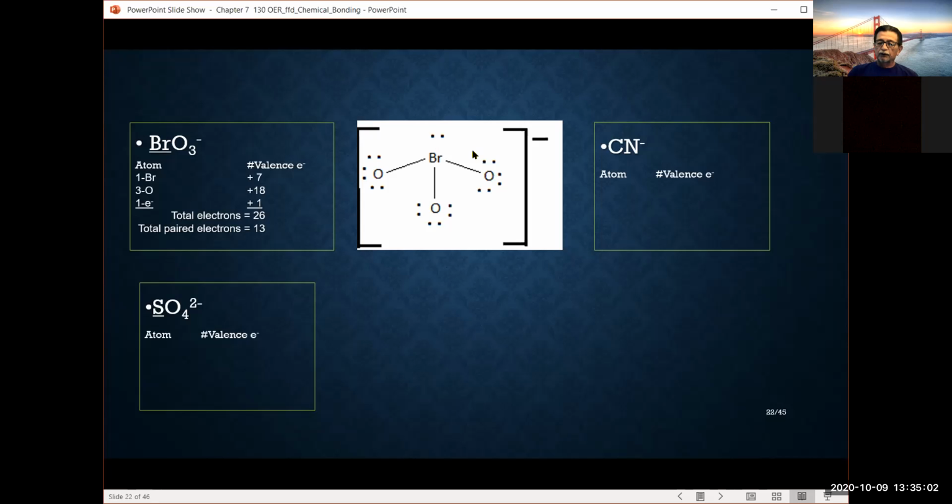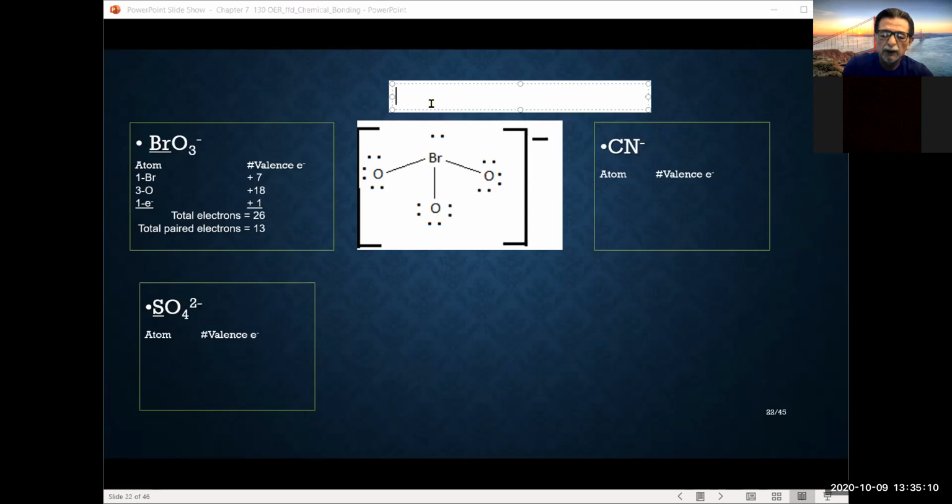Again, we can find its shape by figuring out the general formula: we have A, then 3 B's, and also 1 E, a lone pair on the central atom.